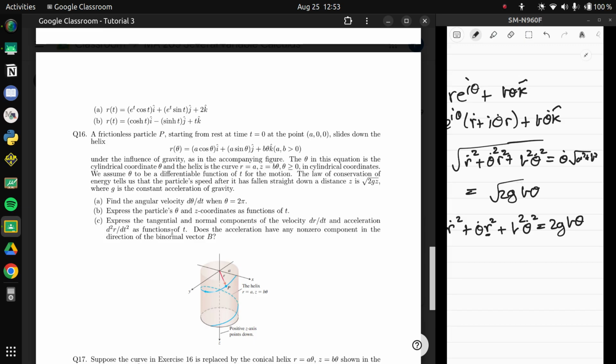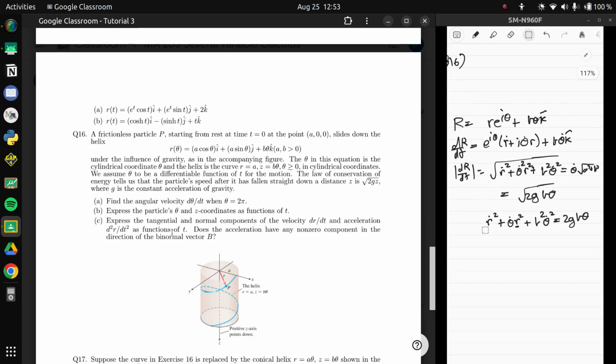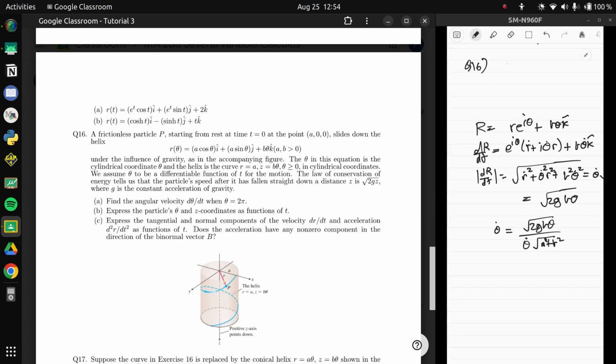Hey, that was actually much easier than what I thought. Interesting. So what you're saying is that theta dot would just be equal to square root of 2gb theta upon square root of a squared plus b squared.